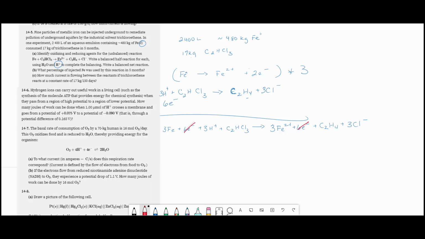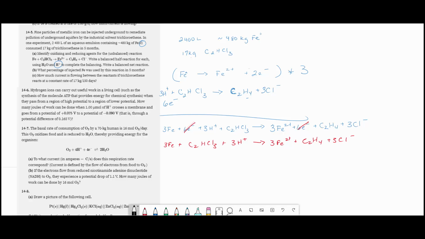And then I am left with the balanced equation, 3 Fe plus C2HCl3 plus 3 hydrogen ions. You can put those in any order as long as they're all on the reactant side, plus 3 Fe2+, C2H4 and 3 Cl minus. So that is our balanced reaction.